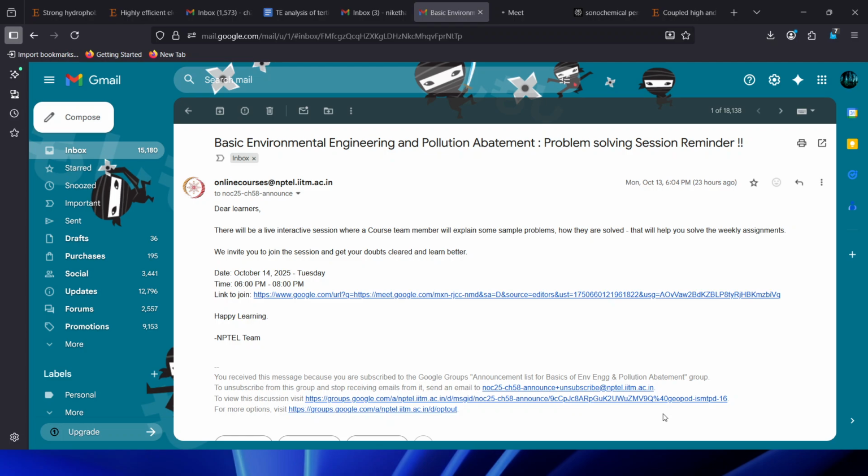Okay, so if AQI is 250, what category will it be? Poor.